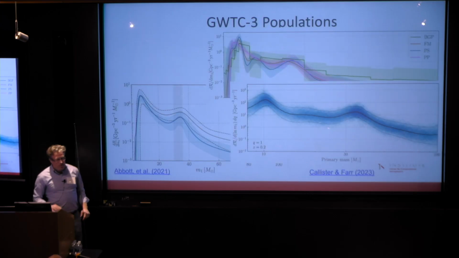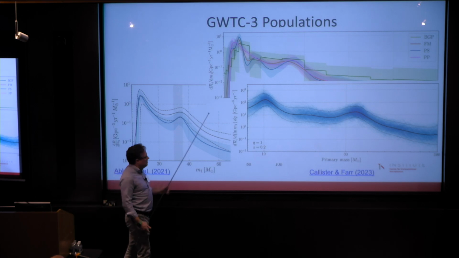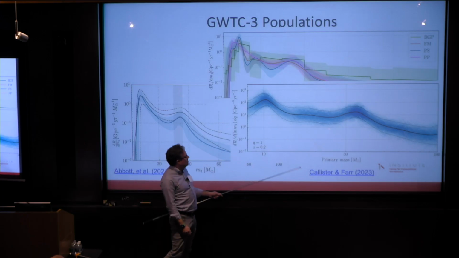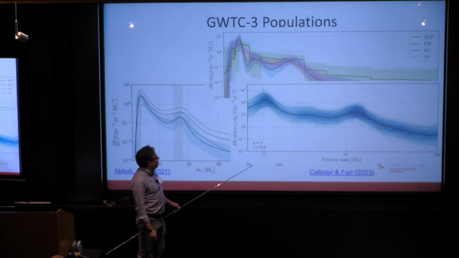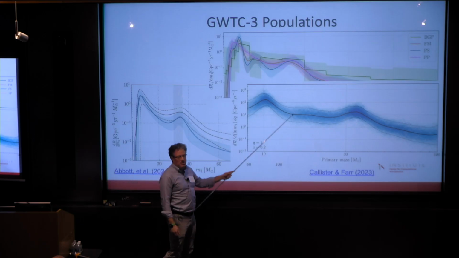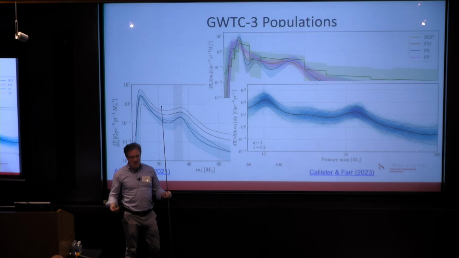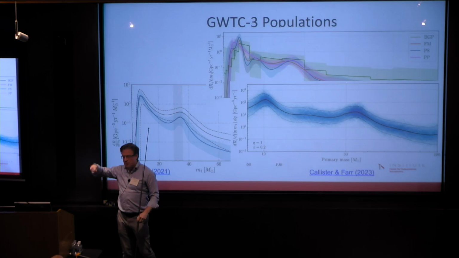Now, it turns out, when we had 10 black holes, we thought there was just a cutoff at high mass. Now that we have 80, we actually see structure. This is a paper that I wrote with Tom Callister a couple years ago, where we fit these very flexible models. Each of these little blue traces is one possible model for the black hole mass function. It's an insane model. It's allowed to jump around almost arbitrarily.